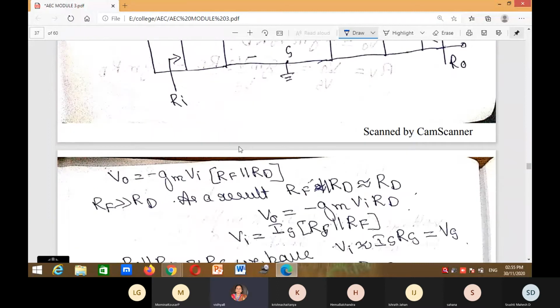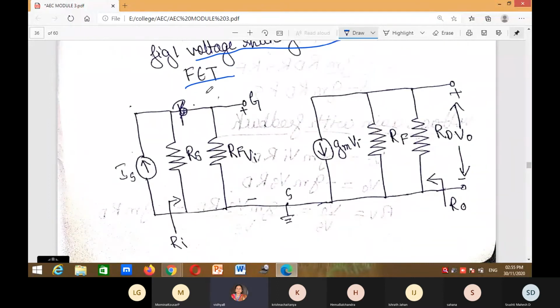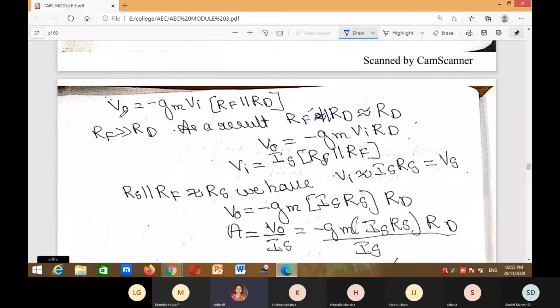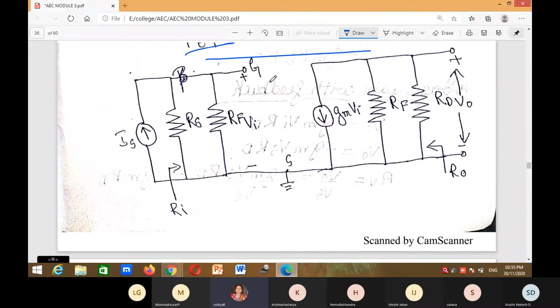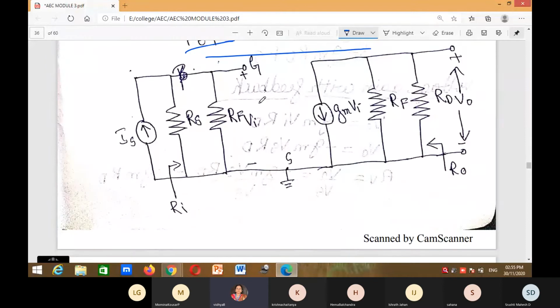Here we consider this circuit. We have already read about transconductance and transresistance. According to this figure, we need to write the equivalent circuit.